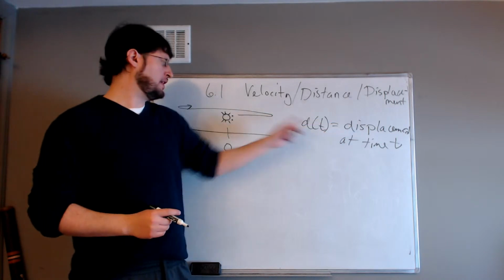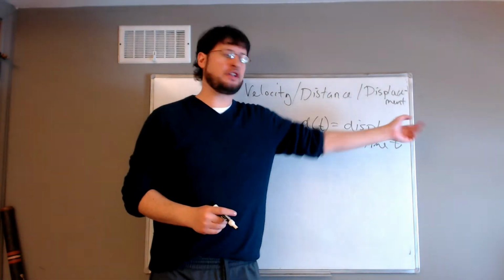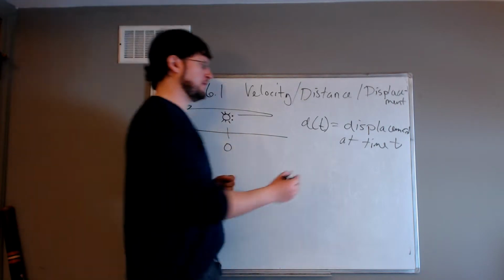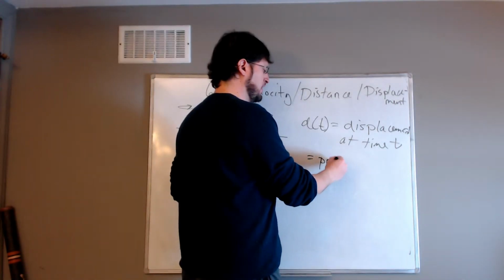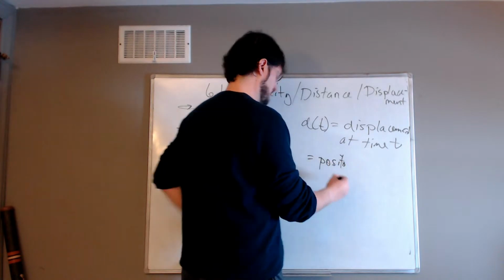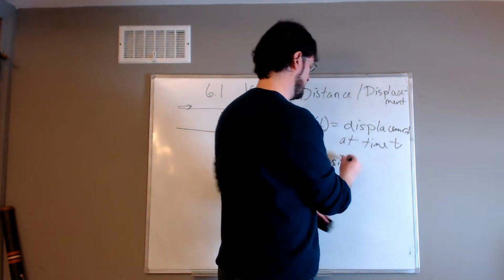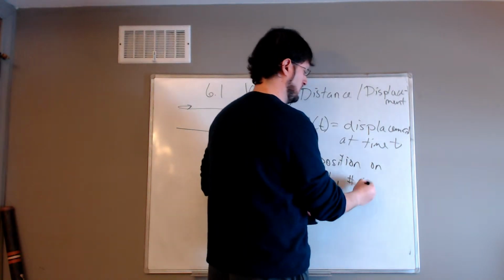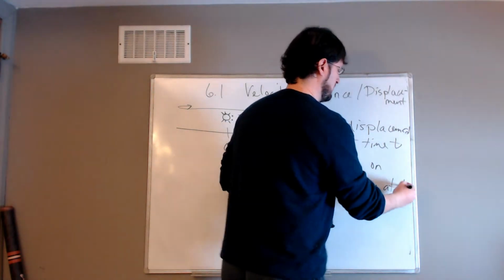Right? So what I mean is how far away from the origin I am at time t, but it could be positive or it could be negative. So in this case, this is the position on the number line at time t.